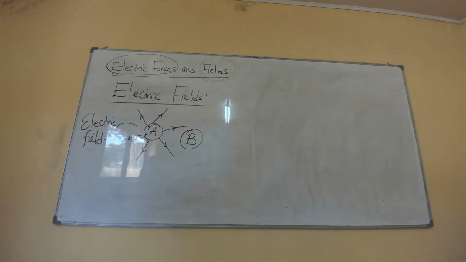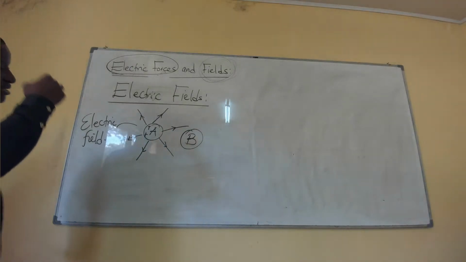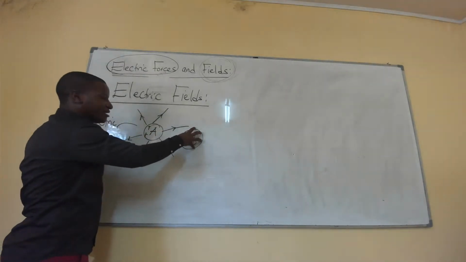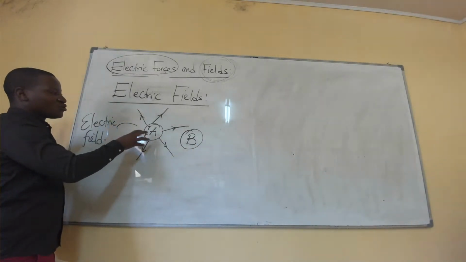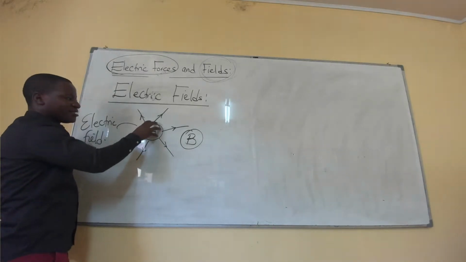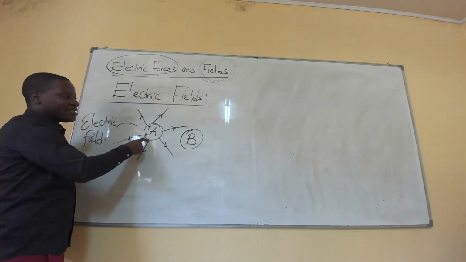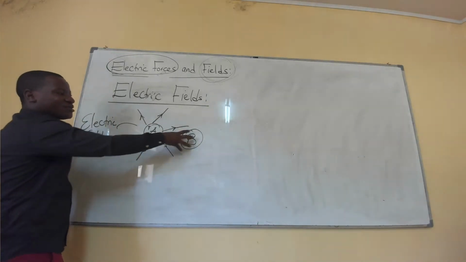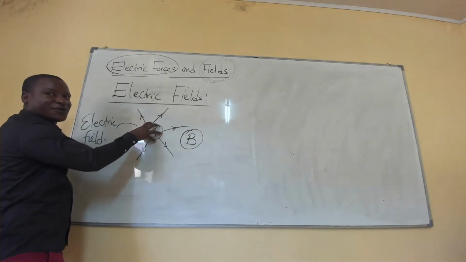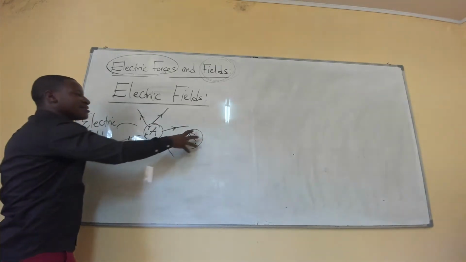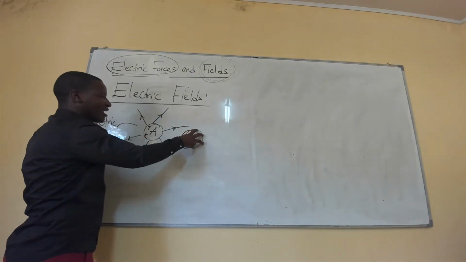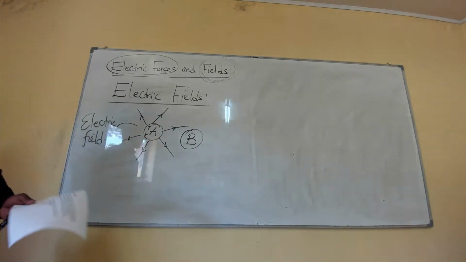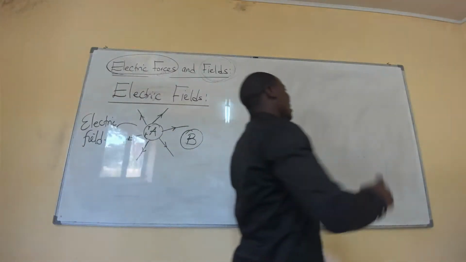The simplest way to put it is that when you bring an object B into an electric field produced by a positively charged object A, this B will receive some force F exerted on it by this electric field. In other words, it will tend to behave in a certain way as a result of the field exerted on it. Let's look at this as an example.